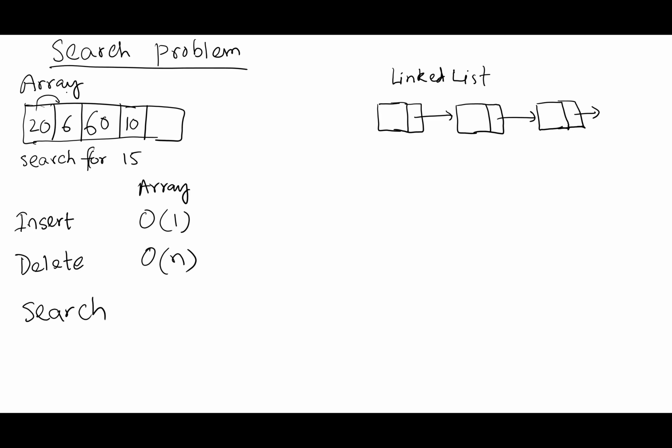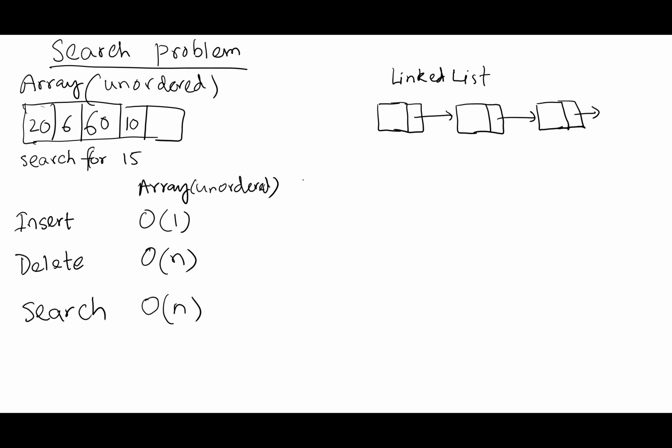Only after checking everything can we say that 15 is not here. So for search, in the worst case, we have to search everything, because this is an unordered array. We don't know which value is where.